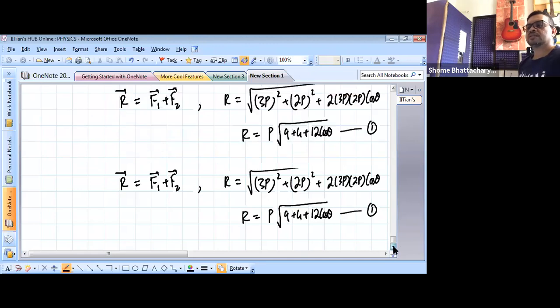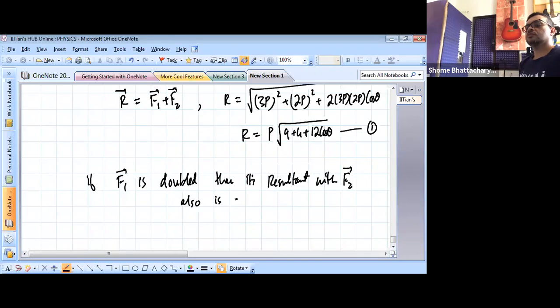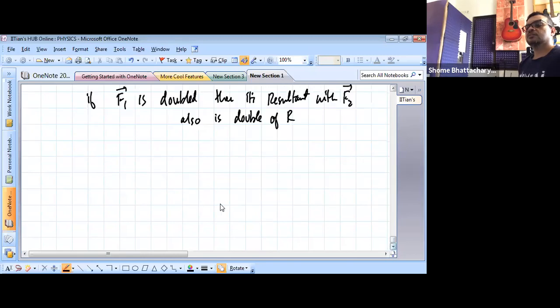Now it says that if F1 is doubled, then its resultant with F2 is also double of R. So let us say F1 is doubled. So 2F1 will have a magnitude of 6p.